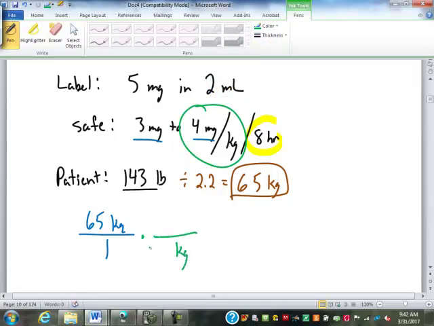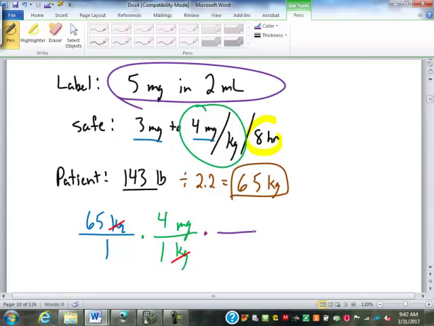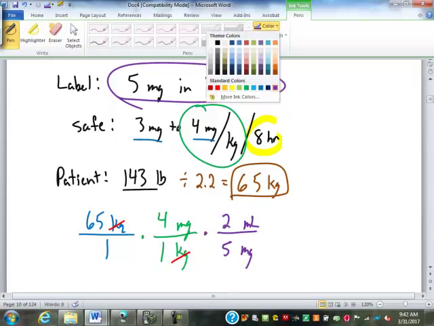So kilograms go on bottom so they cancel out. Milligrams on top. 4 milligrams per kilogram. So we're now in milligrams. And then the label also says 5 milligrams. So I'm putting milligrams on bottom. Concentrated in 2 milliliters. So 5 milligrams over 2 milliliters.